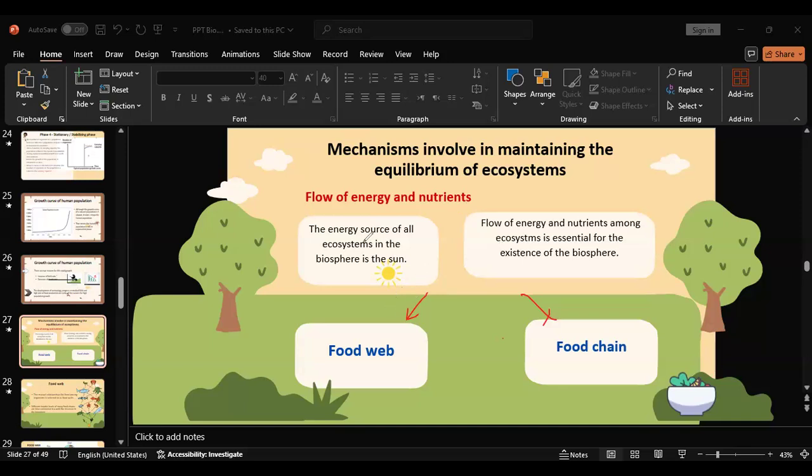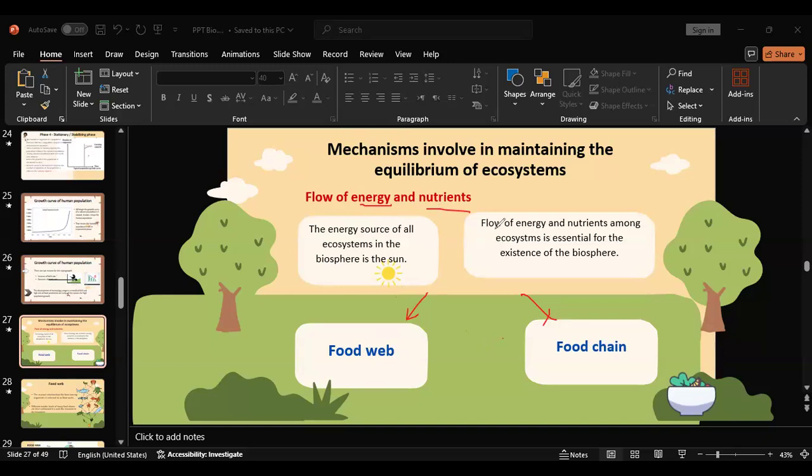The flow of energy means that through the food web and the food chain, energy and nutrition are going through each level, and through this only we are getting the energy and the nutrition.